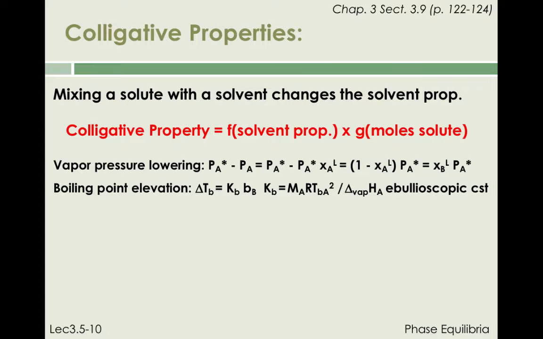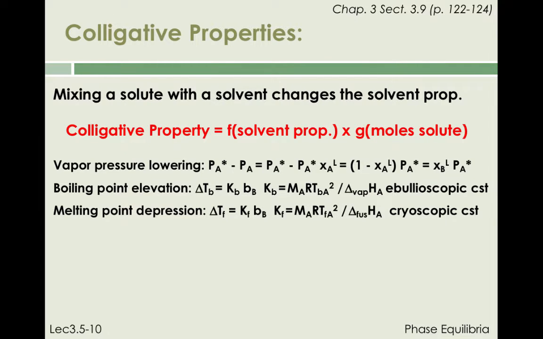The same kind of relationship can be obtained for delta Tf, the difference between the freezing point of the pure solvent and the freezing point of the solvent in solution. In this case, the constant of proportionality is called the solvent cryoscopic constant, K sub f. In parallel to K sub b, K sub f is the product of the molar mass of the solvent, the gas constant, and the square of the solvent melting temperature, divided by the standard enthalpy change for melting of the solvent.